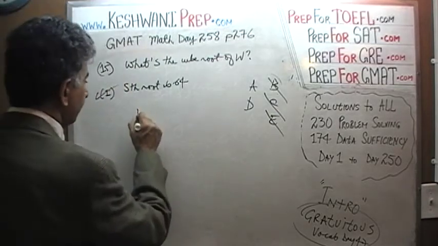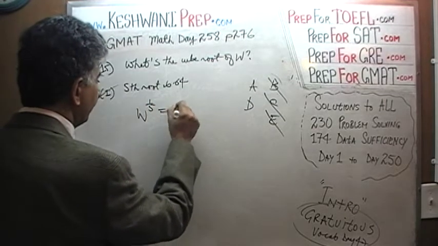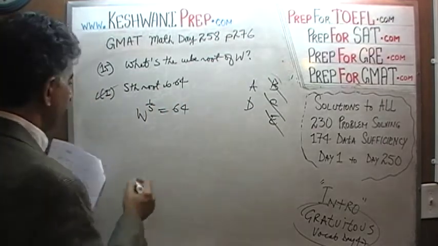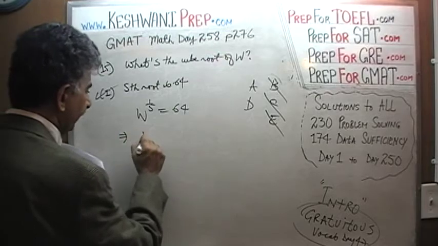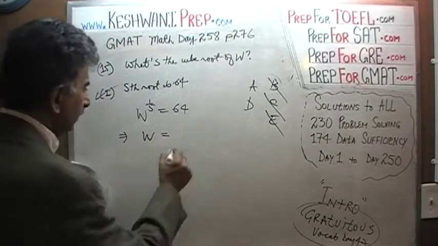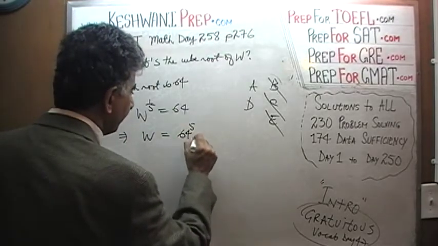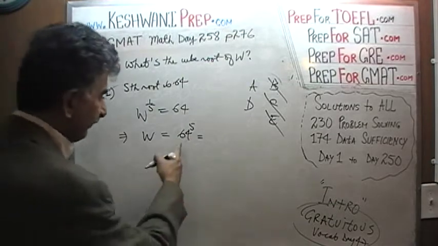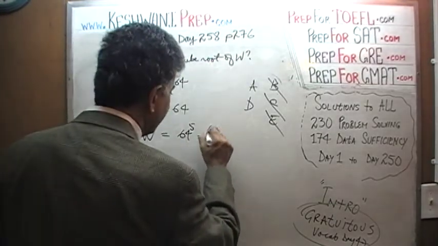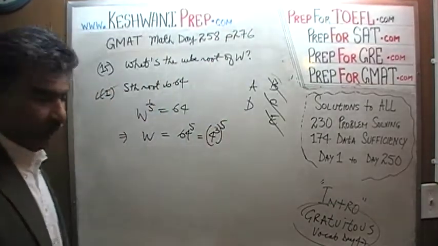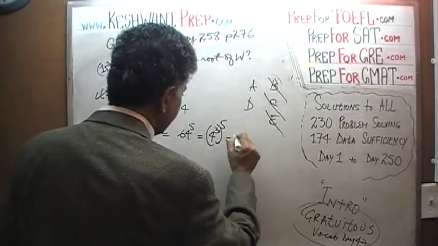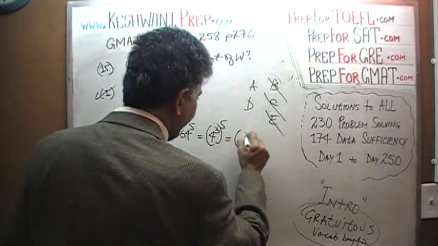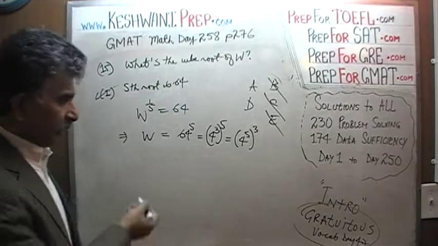We are told that the fifth root of a number is 64. Well, if the fifth root is 64, that implies that the number itself, W, must be 64 raised to 5. We also realize that 64 can be written as 4 cubed, raised to 5. Therefore, this can be written as 4 raised to 5, to the third power. They are all the same thing.